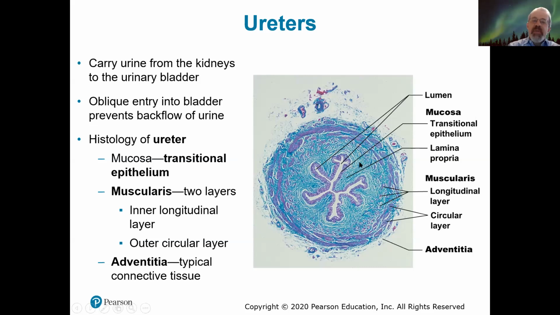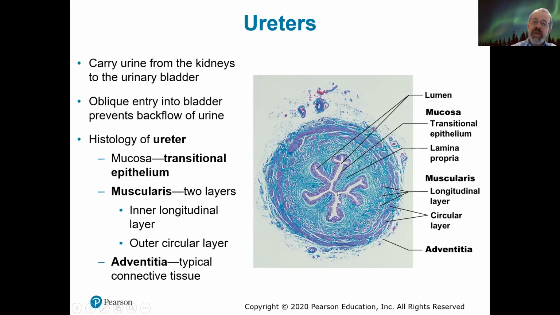That transitional epithelium is also surrounded by two layers of muscle. The muscle is important for contracting to help move the urine along, although a lot of it just moves by way of gravity, but it does help to move it along. And then that's surrounded by a layer of adventitia, a type of connective tissue similar to a serosa, but different.